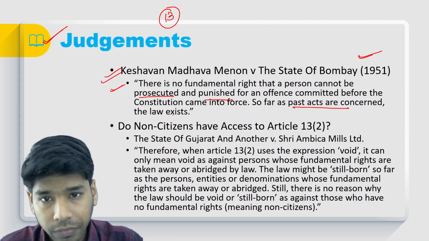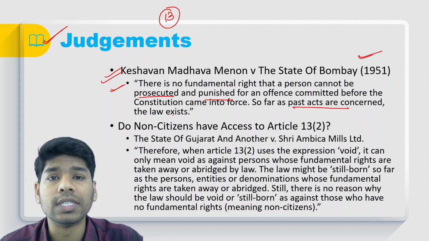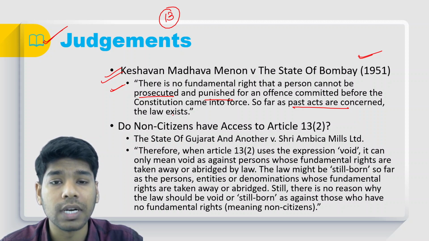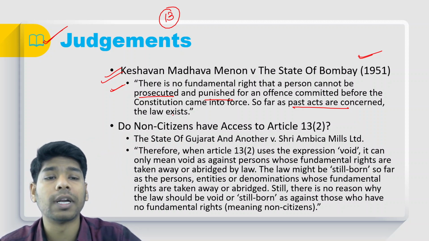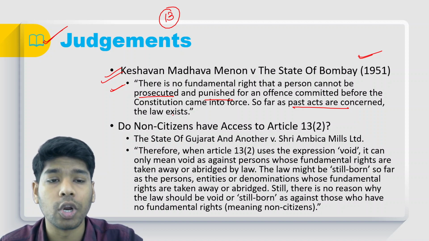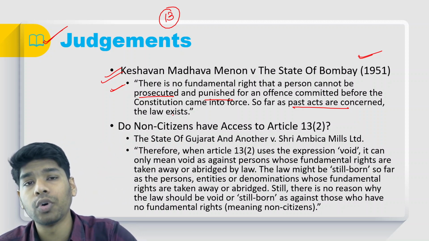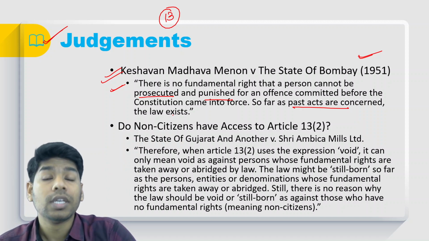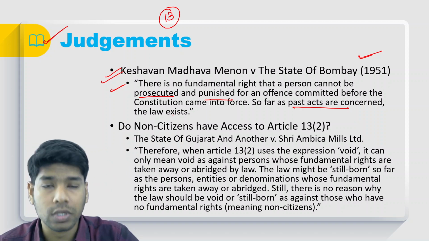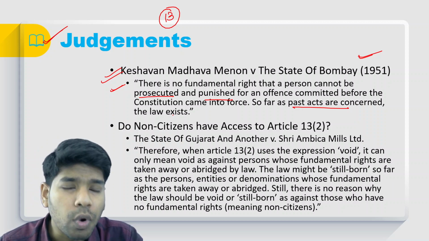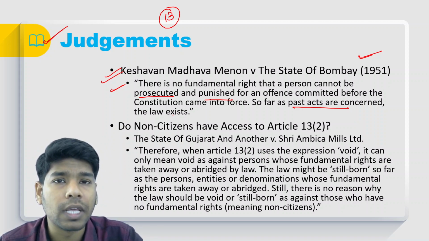Right? It is saying that even though the fundamental rights are there, there is no fundamental right that a person cannot be prosecuted or punished for an offence committed before the constitution. So if he has committed it before the constitution, and the fundamental rights came into force later, what will be the case on that particular person?